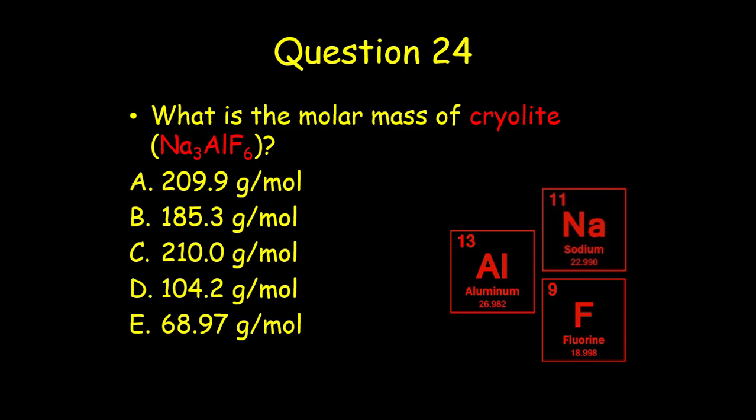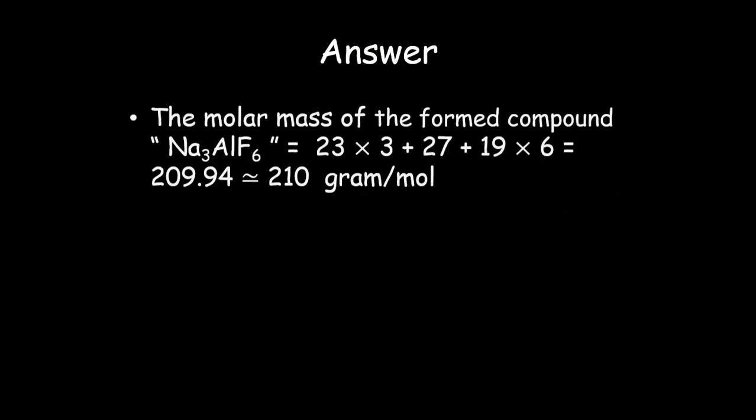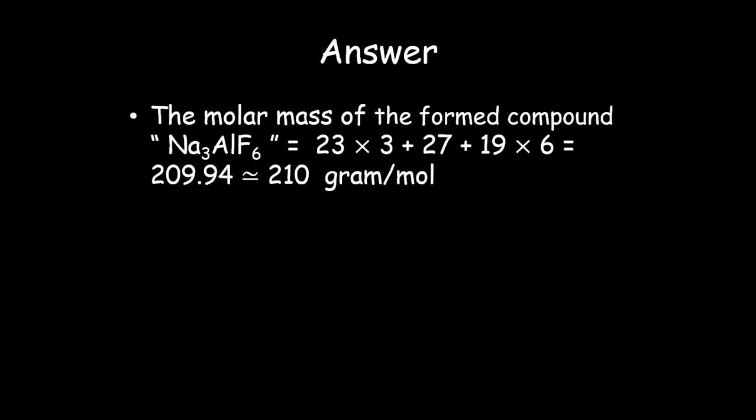Try to solve the question. So the answer: the molar mass of the compound Na3AlF6 equals 23 times 3 plus 27 plus 19 times 6, which is 209.94, approximately 210 gram per mole. So the answer is C.